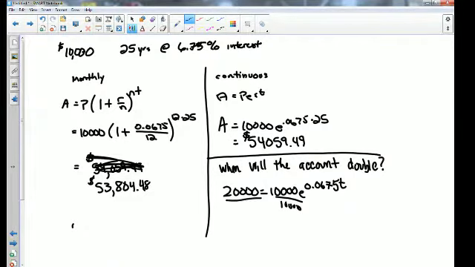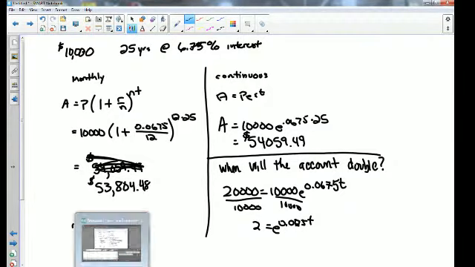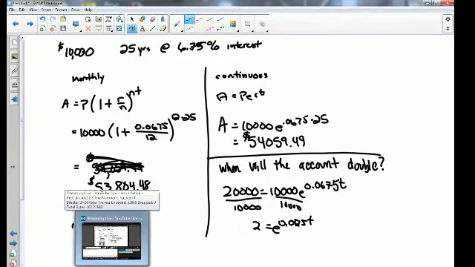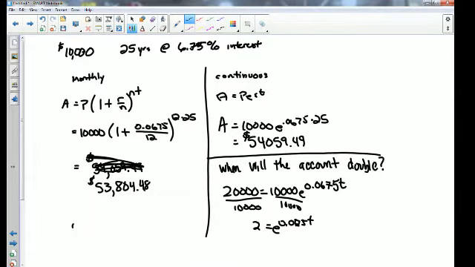We know our algebra. And get 2 equals e to the 0.0675 t. Okay, now this is where you haven't learned what a logarithm is. Anybody? Have you seen it? No? Okay.